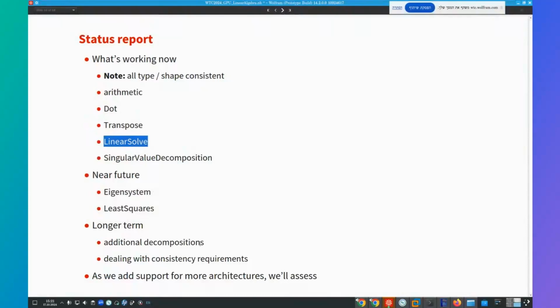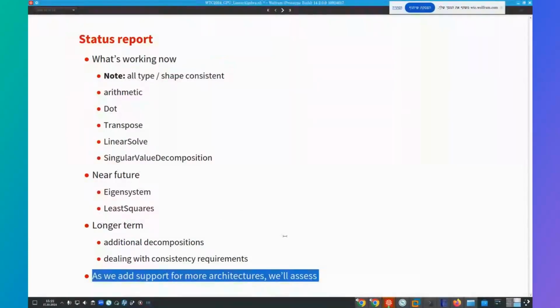In the longer term, additional decompositions and dealing with the consistency requirements. I will explain what I mean by that. That's referring to this bullet point here, and I will explain both of these bullet points in better detail on my next slide.